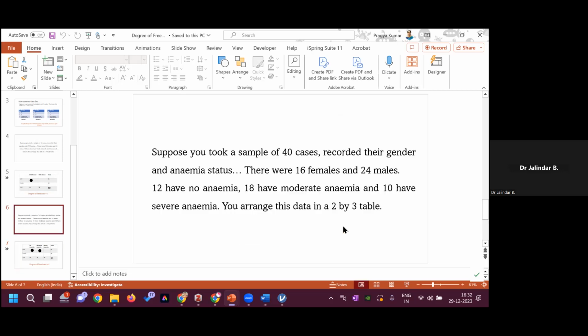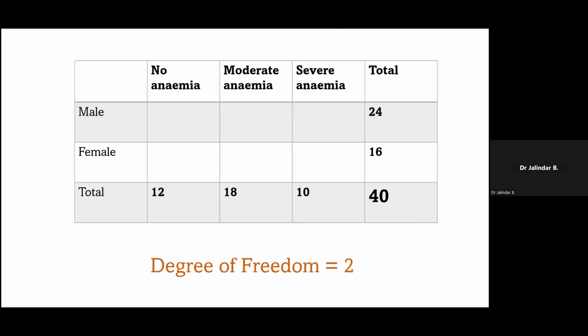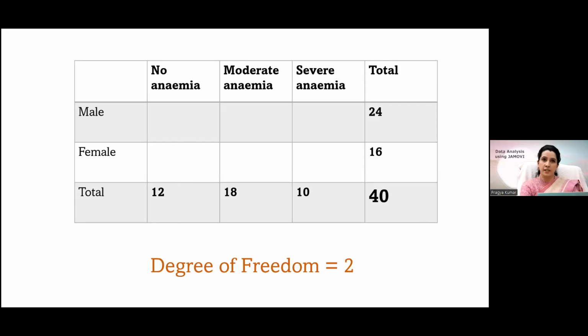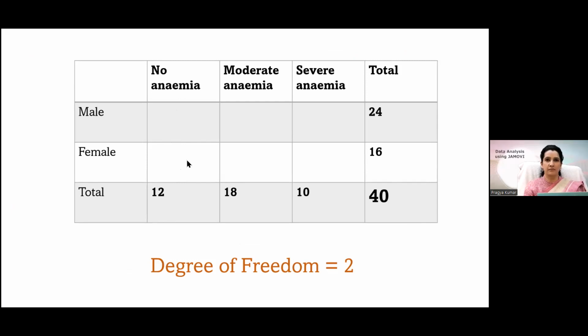We have freedom to put values only in either of the two columns, and not in rows. Is it correct? Yes, you are right, because you cannot choose this and this. Yeah, you are right.